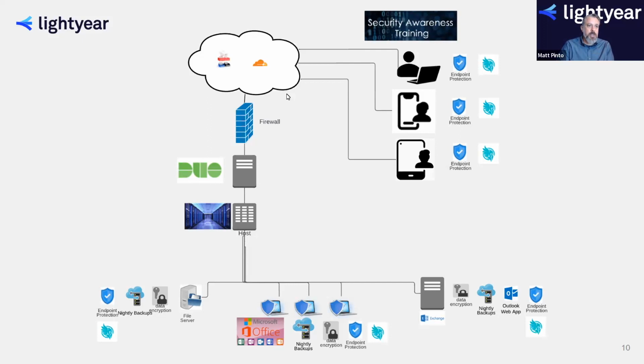And then as you cascade down into your corporate environment, making sure that your data is encrypted both at rest and in transit is pretty significant, especially when there are man-in-the-middle types of attacks that are still taking place. Backups with air gaps, and obviously making sure that you're running some type of endpoint protection and incident response on all of your corporate assets.